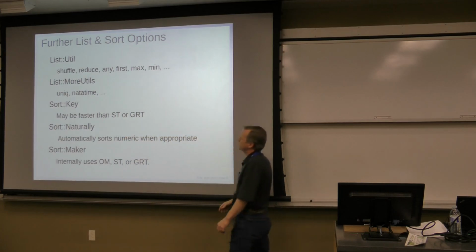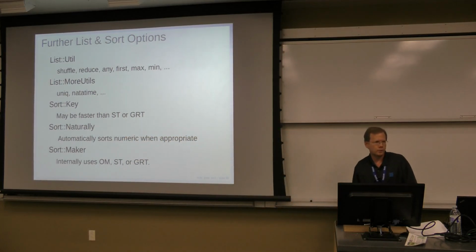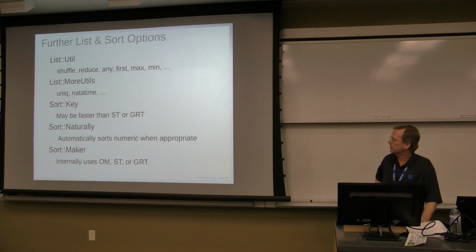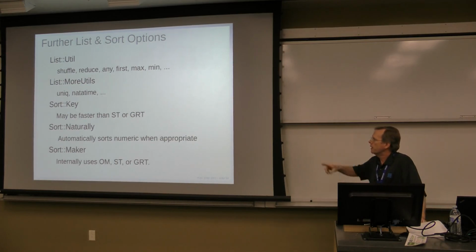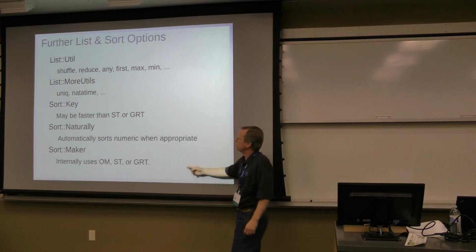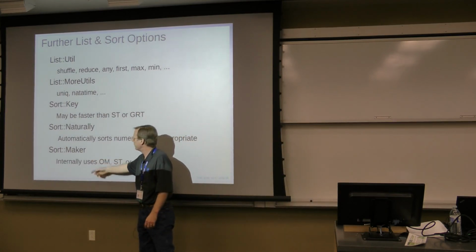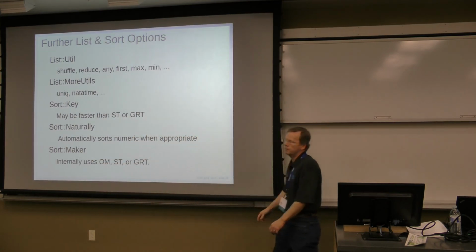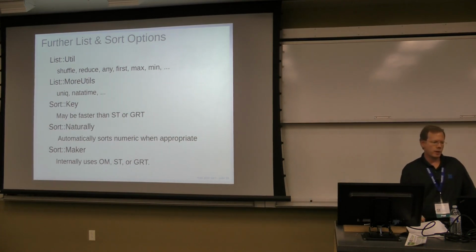Sort::Key may be faster than the Schwartzian transform or the Guttman-Rosler one. And then we have Sort::Naturally, where it looks and sees what kind of thing you're sorting and it'll sort numeric when it's appropriate. Sort::Maker is actually recommended by Damian Conway.